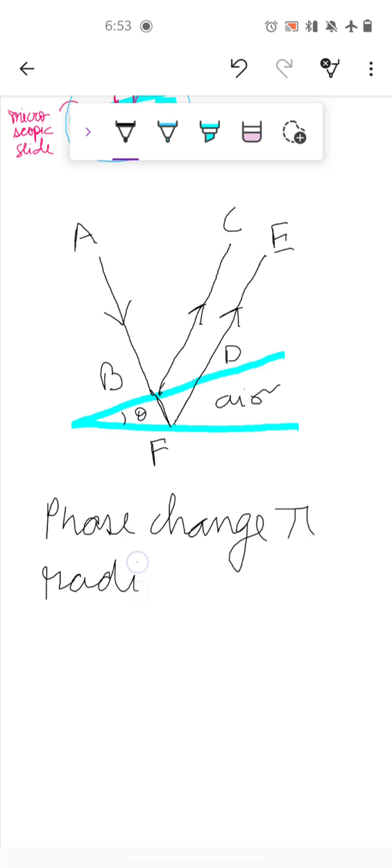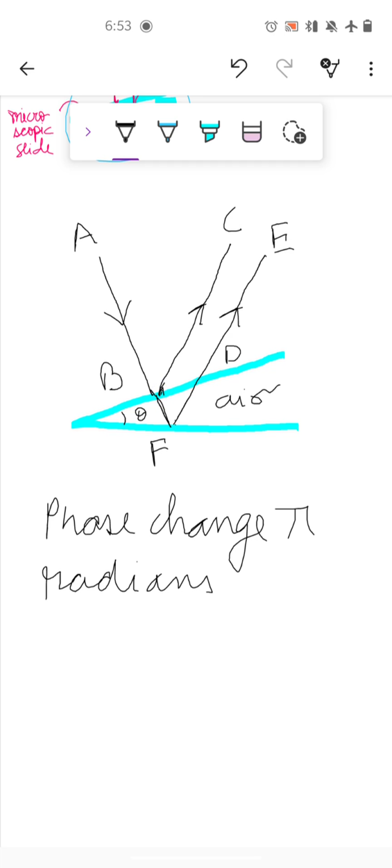Whatever the phase of the ray A, B, C, we do not have to consider that here.